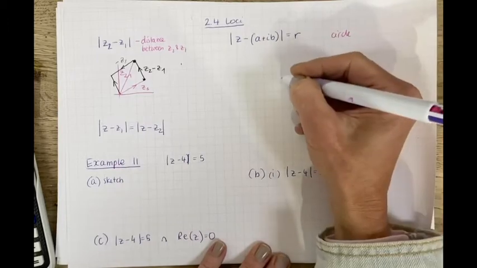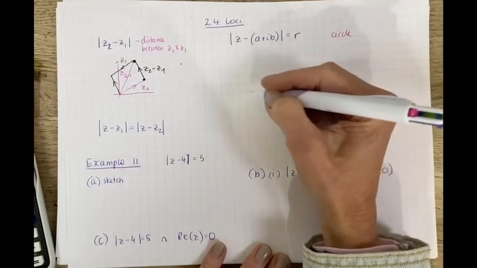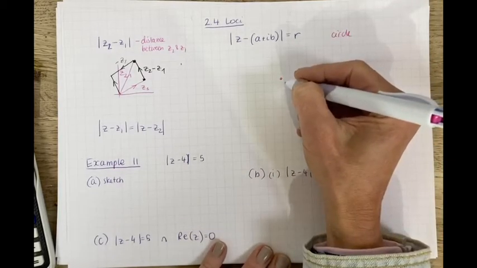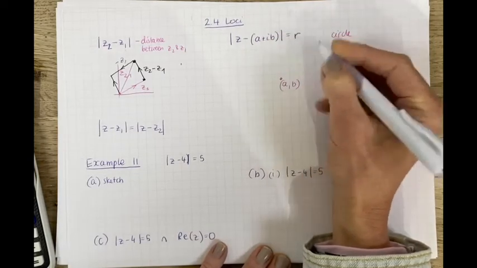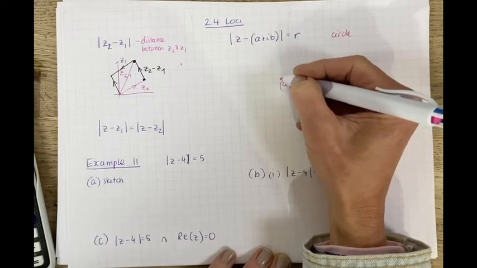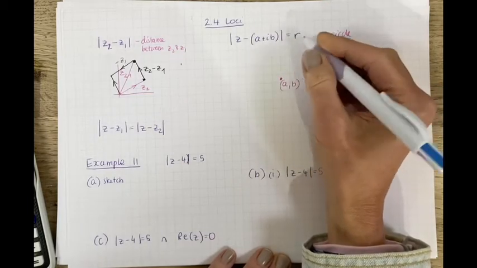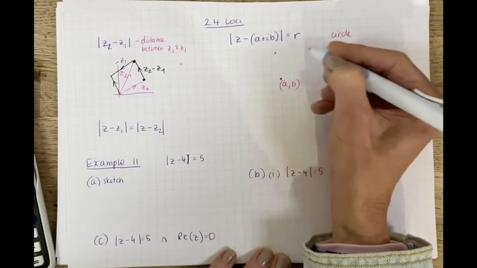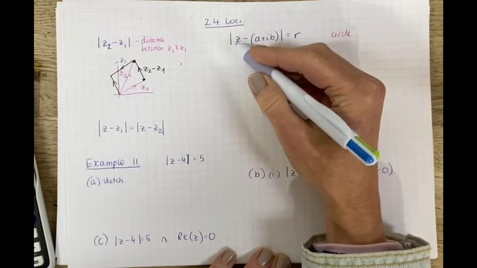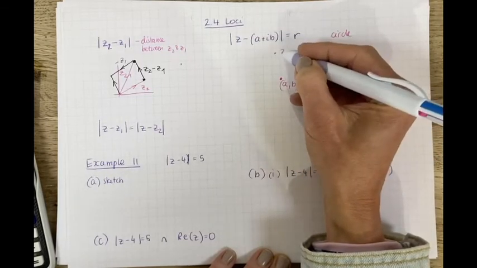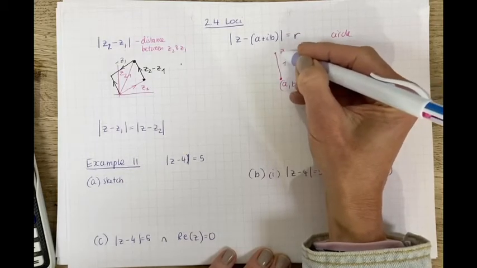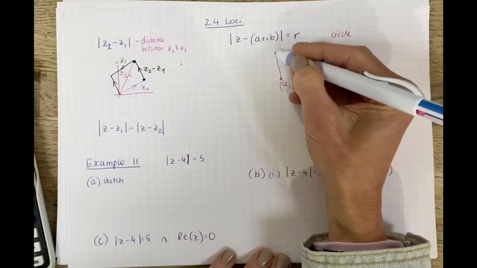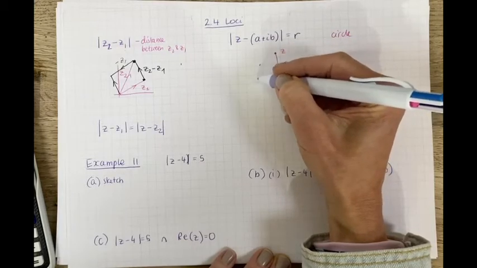Let me just draw that point. So somewhere, I'm not going to draw the axes. So here is (a, b), which is just to represent the complex number a plus ib. And here is a point that could be any point z. And this is that distance r. But that point can be here, could be here, could be here.